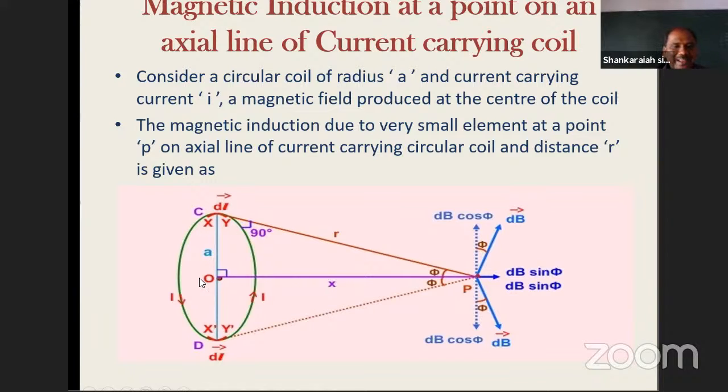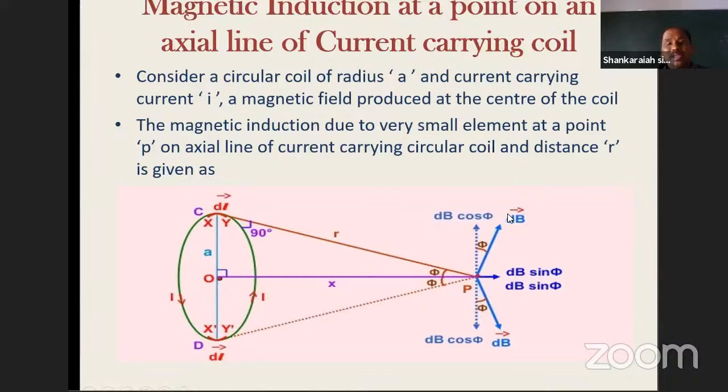The current carrying coil can be divided into small elements. The length of each element is dl. The magnetic induction at point P due to element dl at distance r is dB.